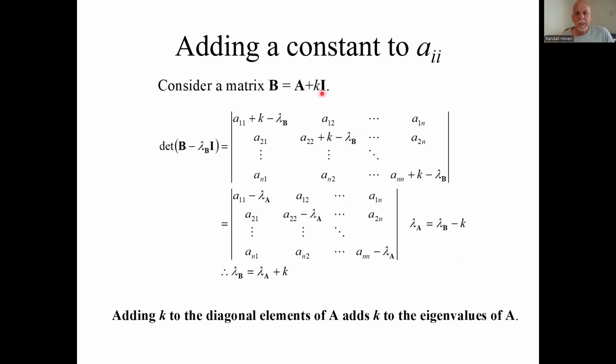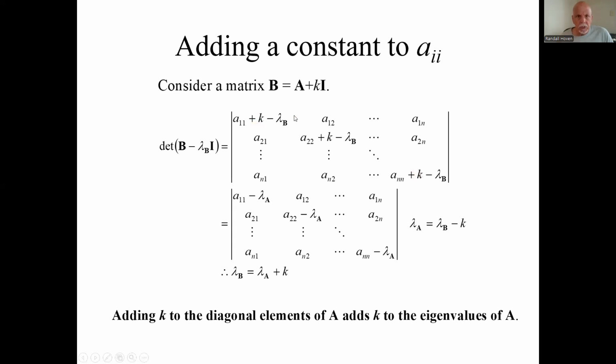What if I just add the same constant to every main diagonal of a matrix? So I'm doing this to A, and I get another matrix B. Look what happens when you find the determinant of B minus lambda I. We're looking for the eigenvalues of B. So we set up this determinant of B minus lambda I, which means this.